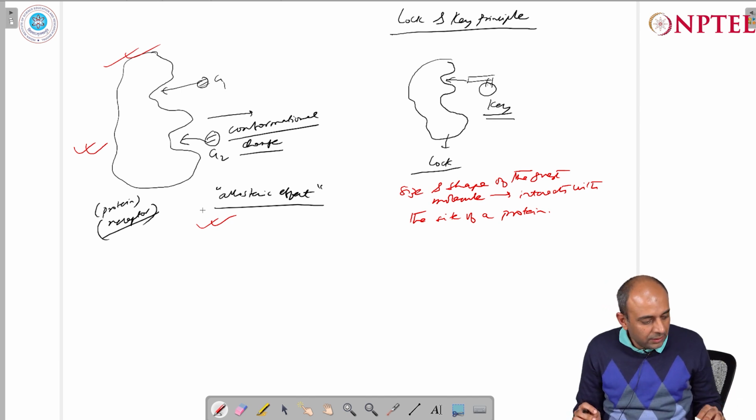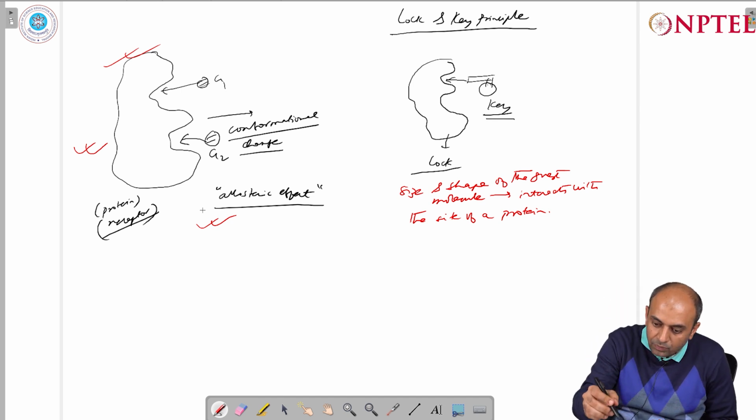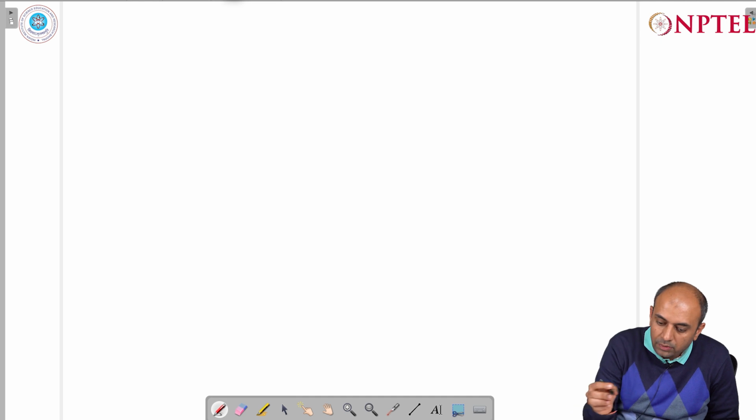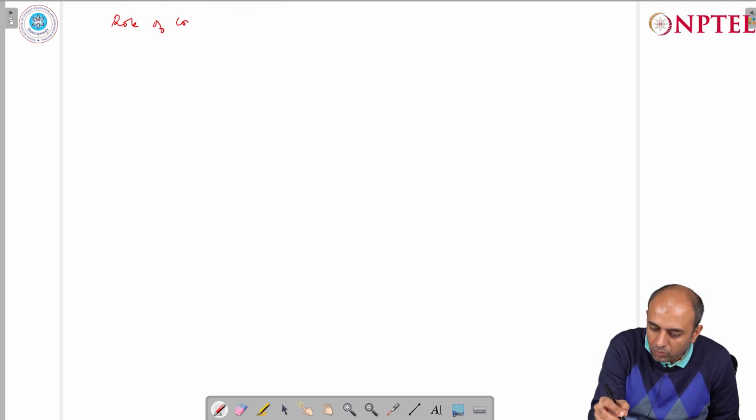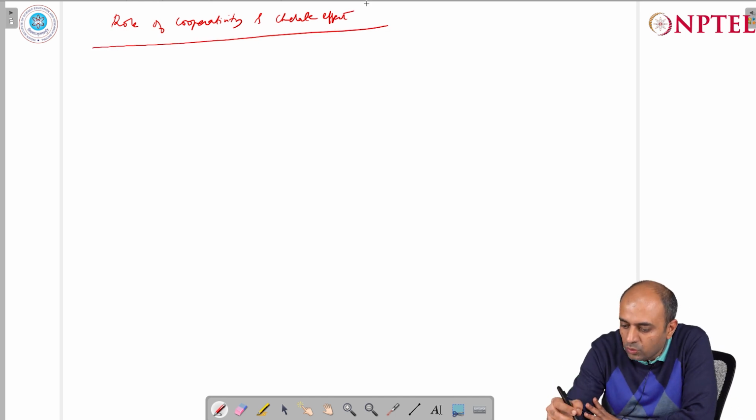Now, the next important concept we would like to keep in mind along the same lines is the role of cooperativity and Chelate effect, particularly with respect to inorganic complexes.